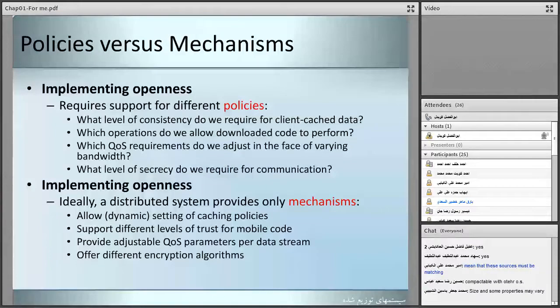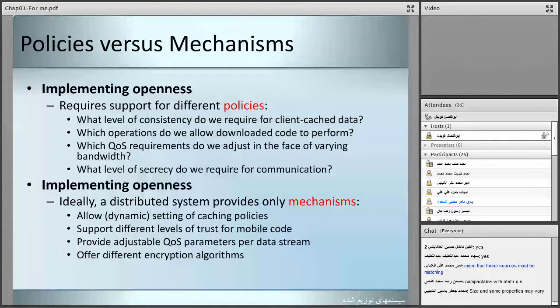Policies and mechanisms. To implement openness, we require some policies about what? About the level of consistency that we require for cache data.